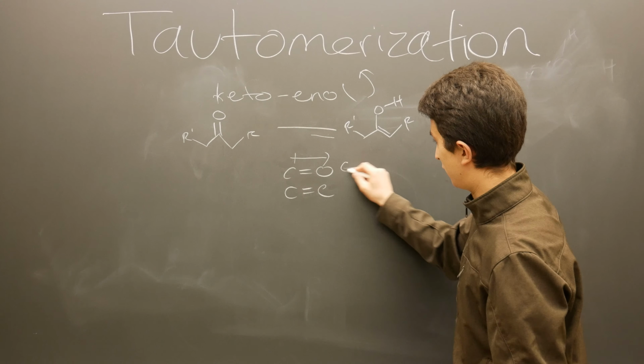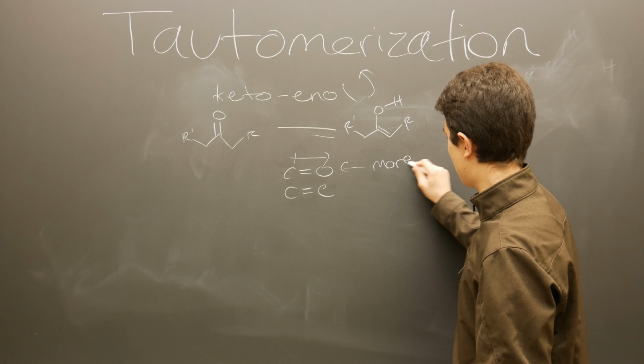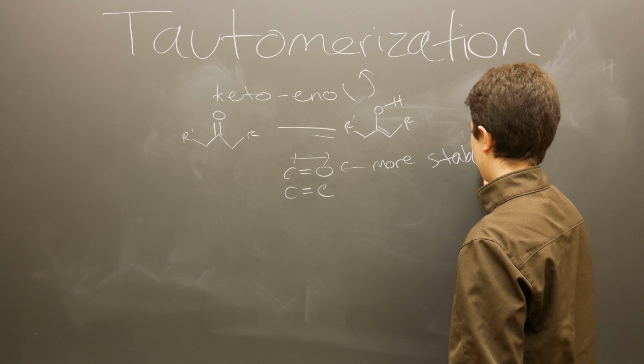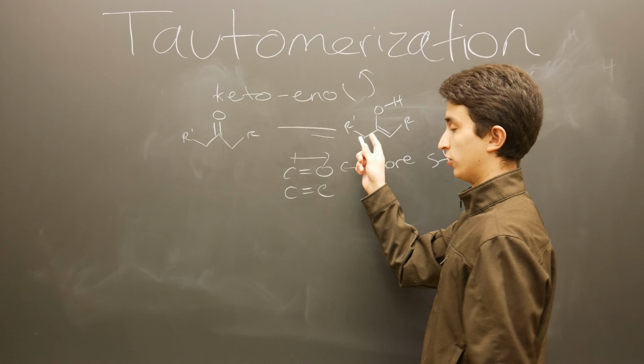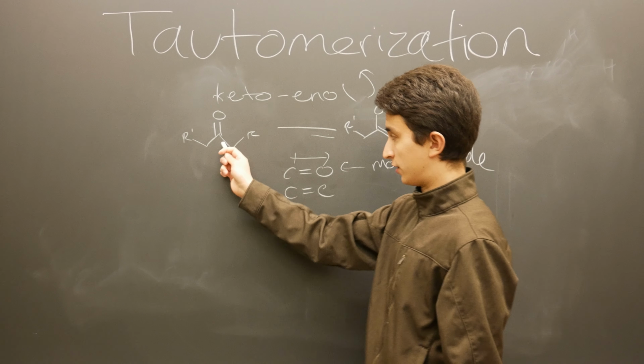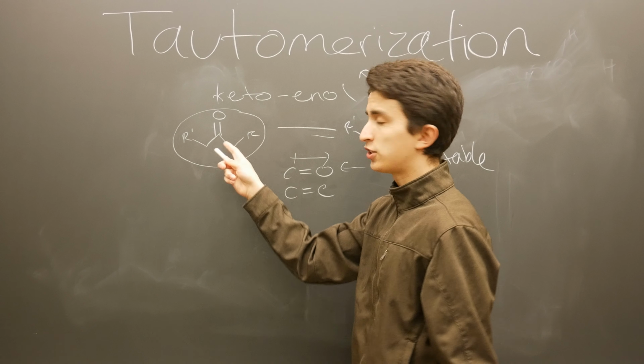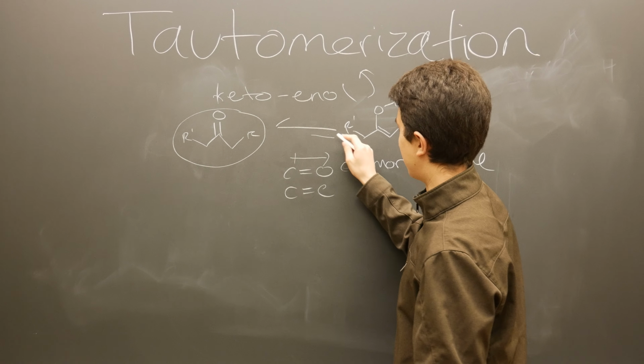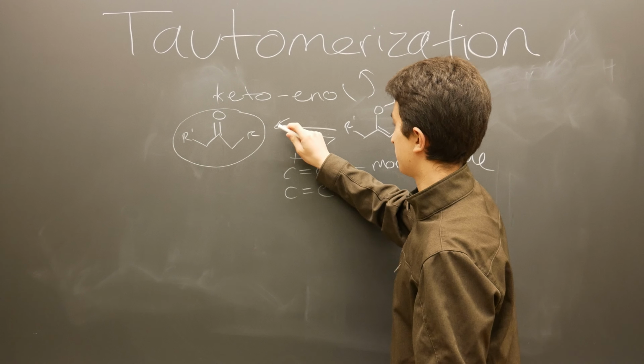So this is going to be more stable, or contribute to this molecule being more stable than this molecule, just because of thermodynamics. So this one, the keto form, will be highly favored in keto-enol tautomerization.